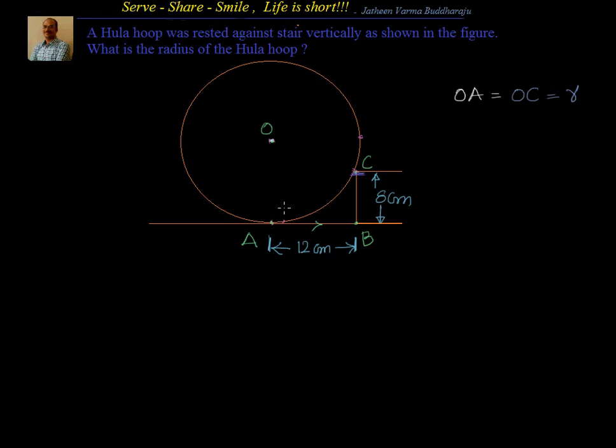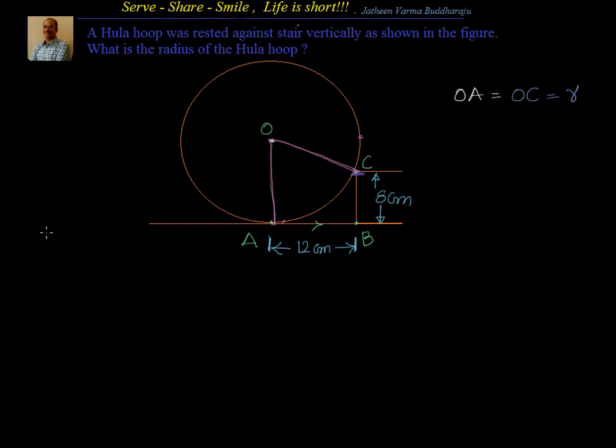So we know from circle to any point on the circle the distance is radius. So let's join OA and OC. We have joined OA and OC.